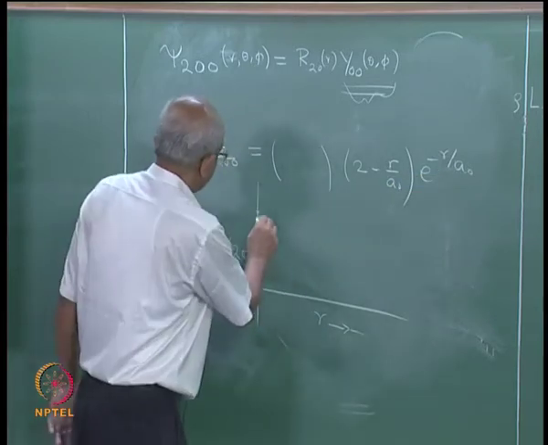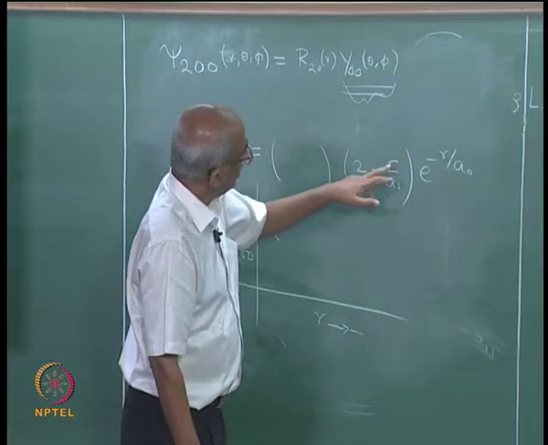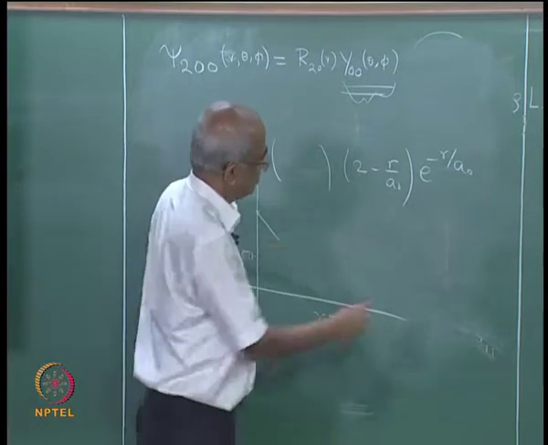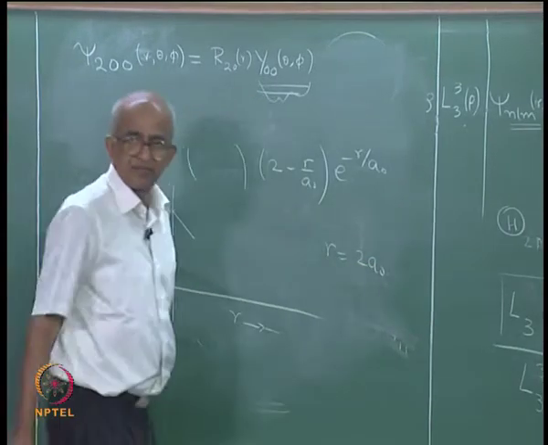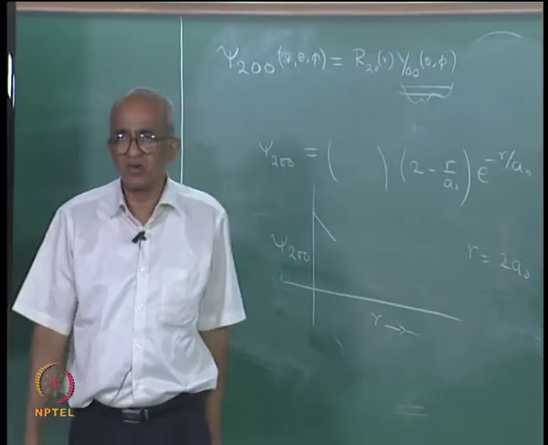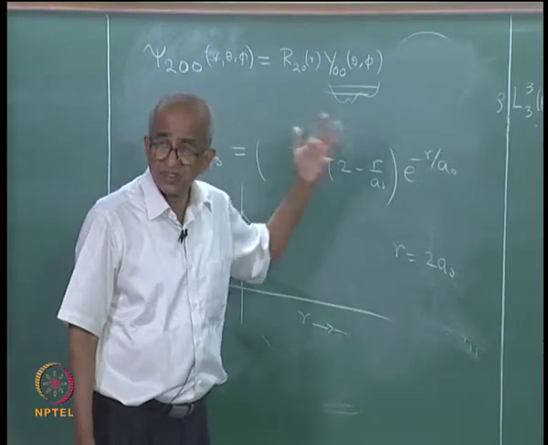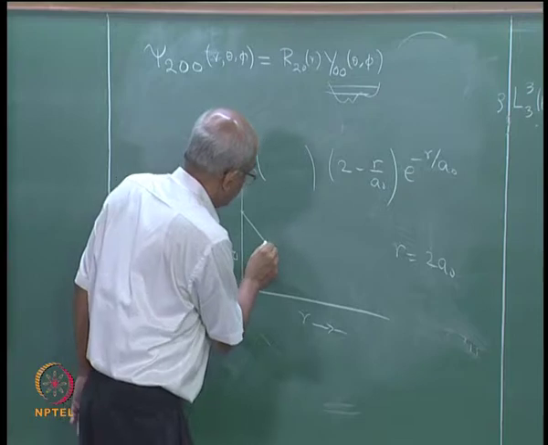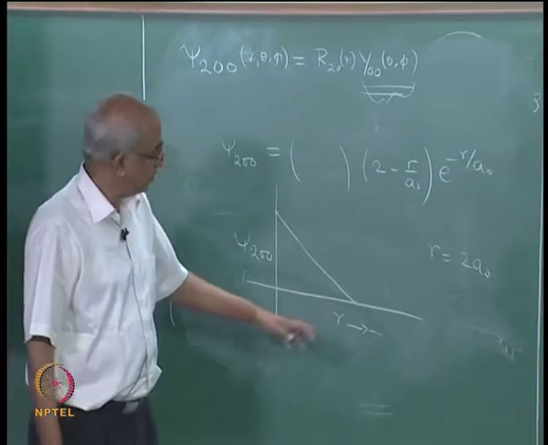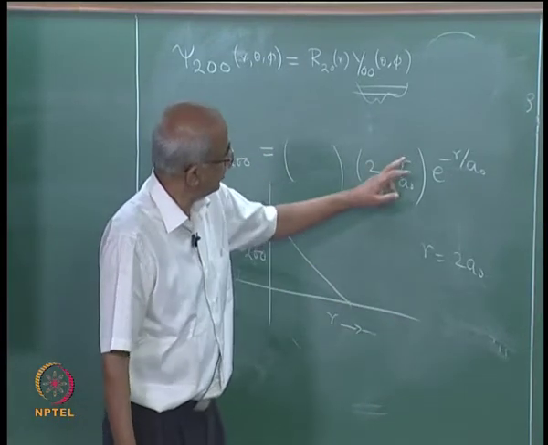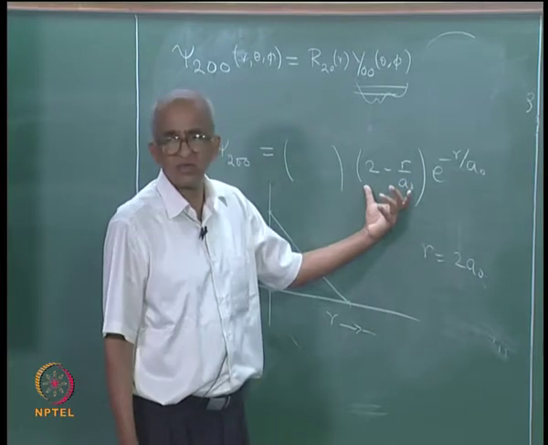Therefore, the function will start decreasing, and in fact, when r is equal to 2a0, suppose 2 times the radius of the first Bohr orbit, what will happen? You will have 2 minus 2, so the function will be 0. It will actually decrease to 0 at this point. And beyond this point, r is greater than 2a0, which means that this object is going to be negative.